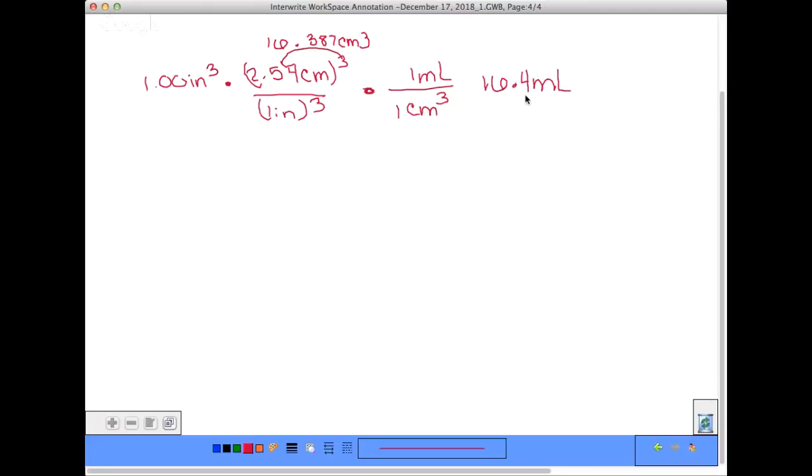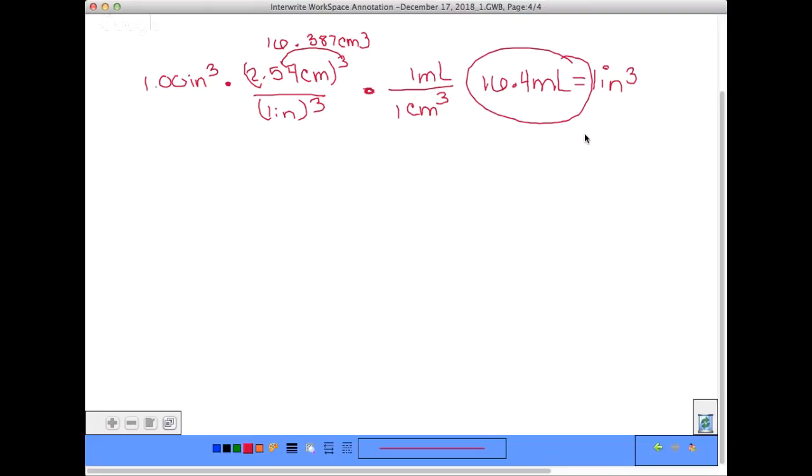Once you were given this 16.4 milliliters, it asks you to find the mass of your 1 inch cube blocks. So this right here is equal to 1 inch cubed. So this is a conversion factor.